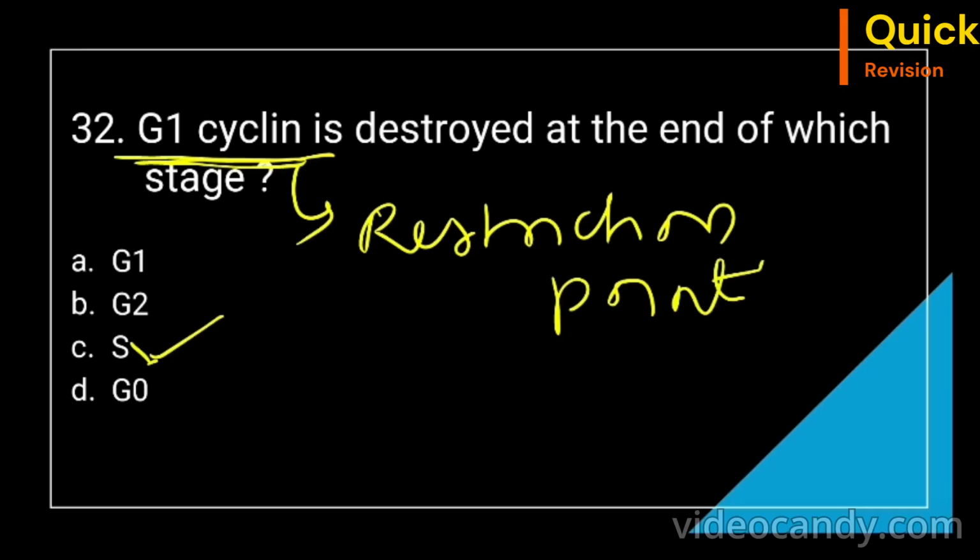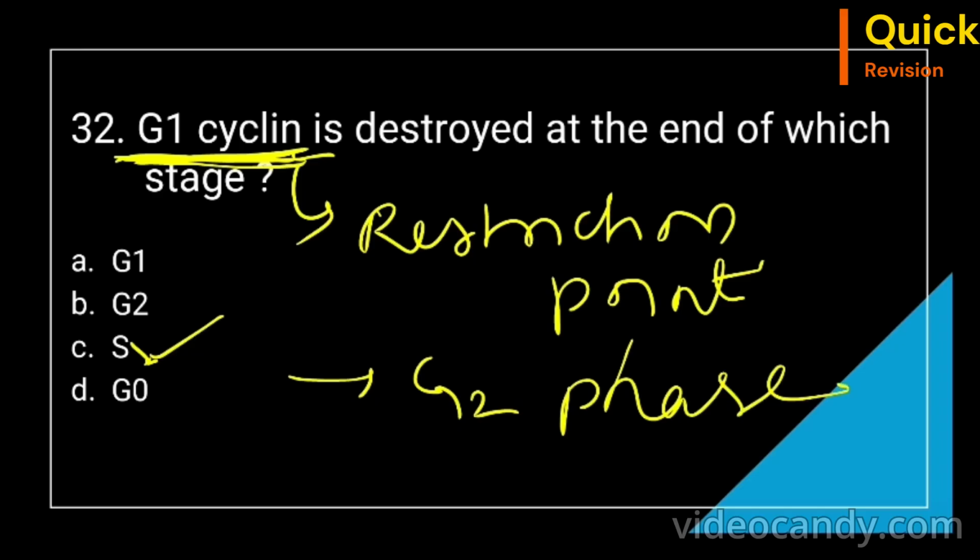By the end of the S phase, only when the G1 cyclin is destroyed will the cell enter into the G2 phase, or else it will not enter into the G2 phase. That's why G1 cyclin is destroyed by the end of the synthesis phase.